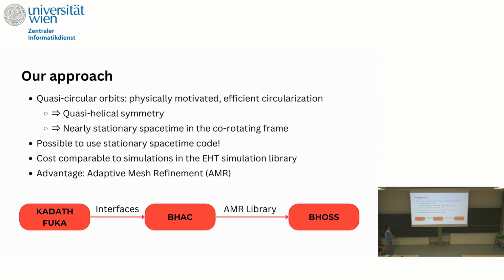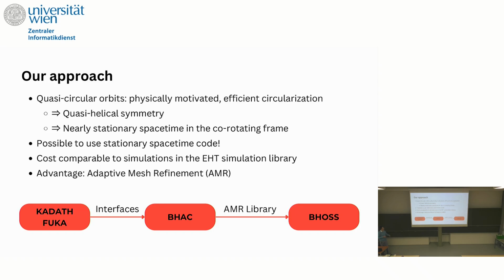But in addition, it is physically reasonable that this system will be in quasi-circular orbits. This is because compact object binaries are in general very efficient at circularizing. So it is something that we would expect.